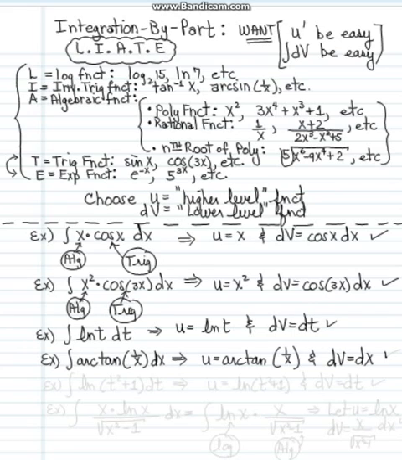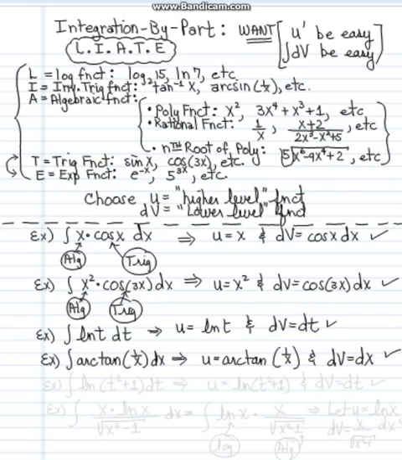That's the way it worked when we did the example in class. That would be an inverse function. Inverse functions are pretty high on that list, so it makes sense that the functions higher on the list are easier to take the derivative of, so we would call that the u value.